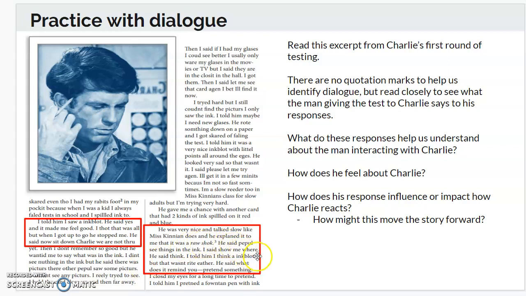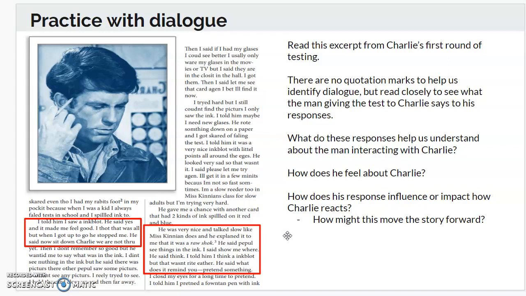So then look over here at this other red box. "He was very nice and talked slow like Miss Kinnian does, and he explained it to me that it was a Rorschach. He said that people see things in the ink. I said, show me where. He said, think. I told him, I think a ink blot. But that wasn't right either.